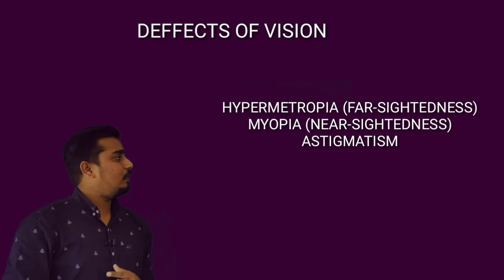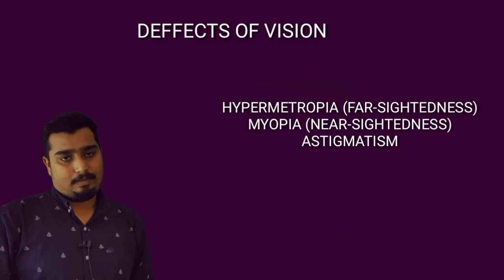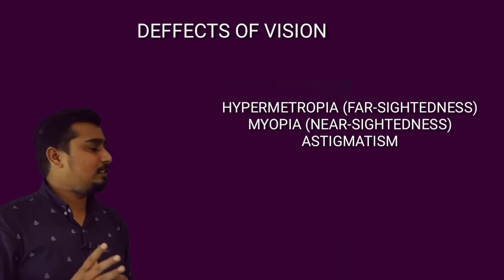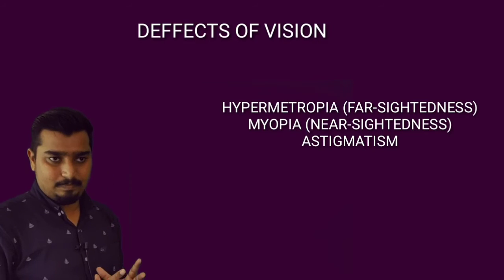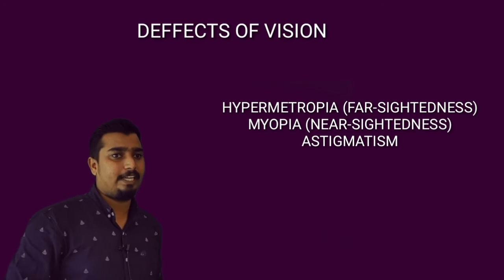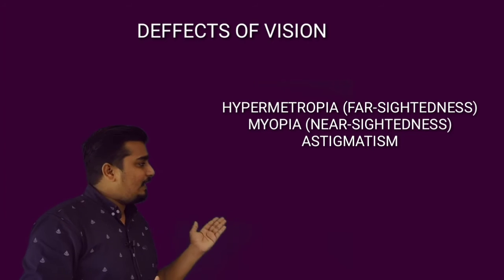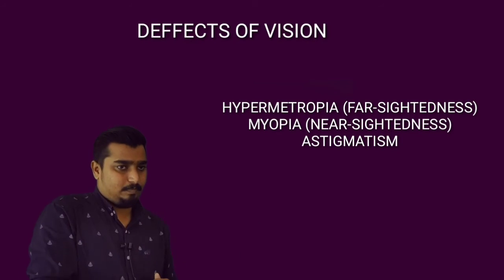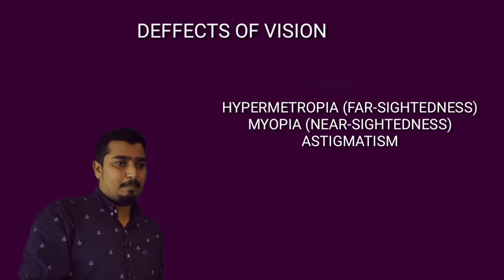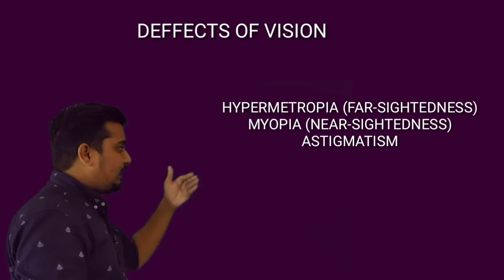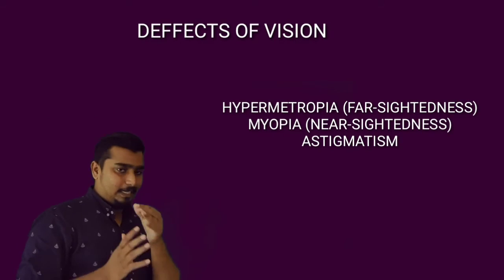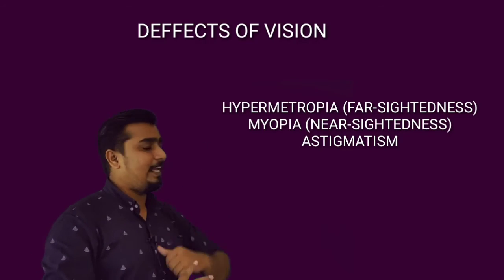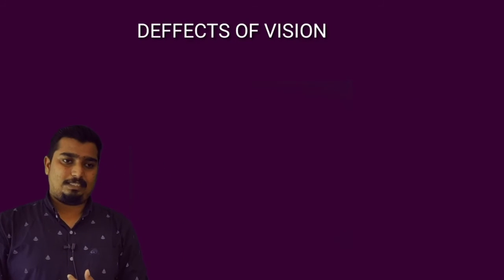The second one is myopia, also called short sightedness. And the third one is astigmatism. These are the three defects of vision we are discussing.